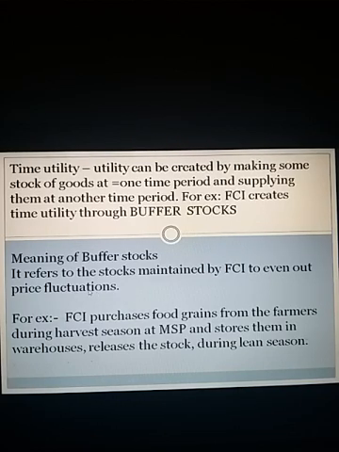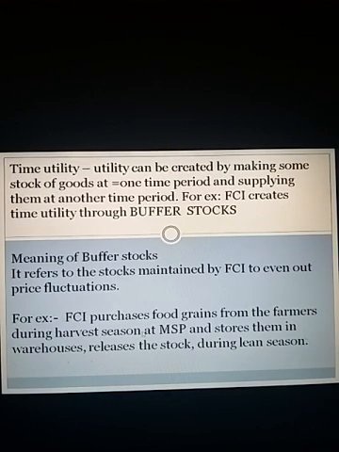So to avoid these price fluctuations, FCI enters at times of heavy supply. When supply is more than demand, let us say harvest time, FCI purchases. Let us say during December or January harvesting season, when sufficient products are available, FCI purchases them. Let us say in June, July during the lean season, when the products are not available in plenty, the prices go up. In order to protect the interest of consumers, FCI releases.